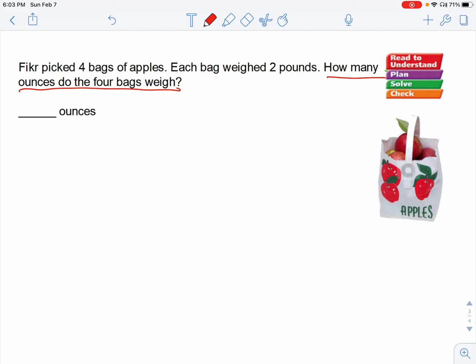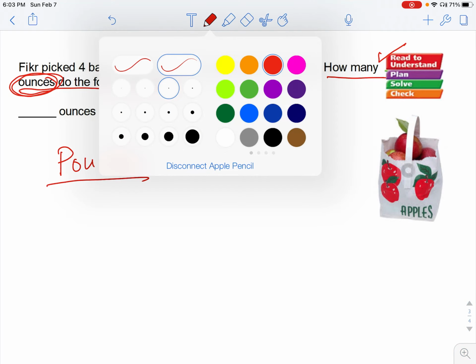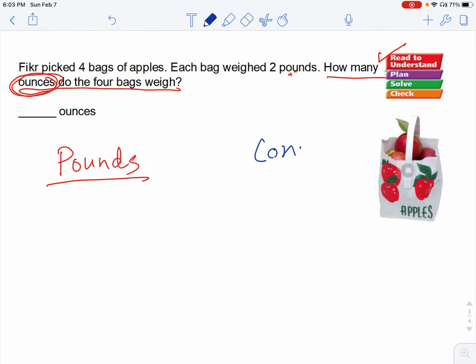Did you notice the key word? Yes, the answer they wanted in ounces, but the units given were pounds. Okay, so now we understand what it's asking. So my plan is going to be to first find how many pounds, and then I will convert to ounces.